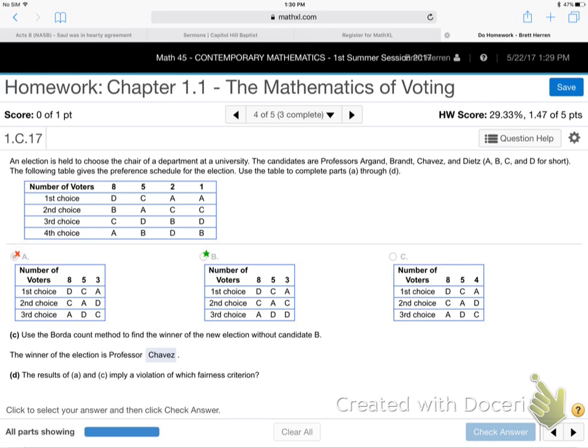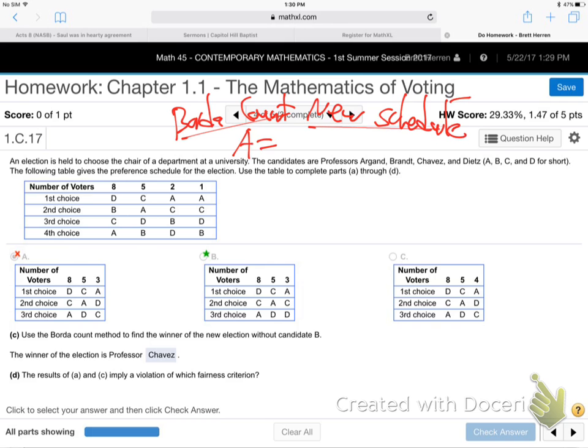We know D's going to win. Actually, something's going to change now. So let's redo it with the new schedule, because B dropped out of the election.